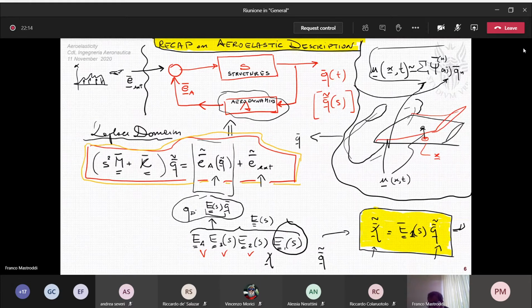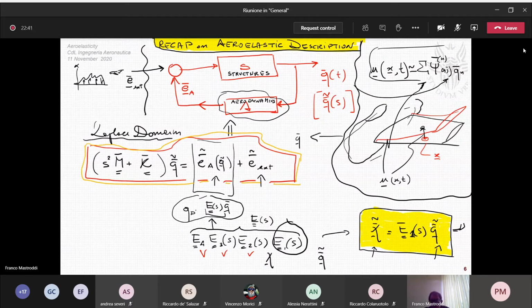The E1 sub-operator is a special operator transforming the modal coordinates, whose number is equal to the number of the modes, into the normal wash, which is actually the input of the potential flow, the steady normal wash to the aircraft.